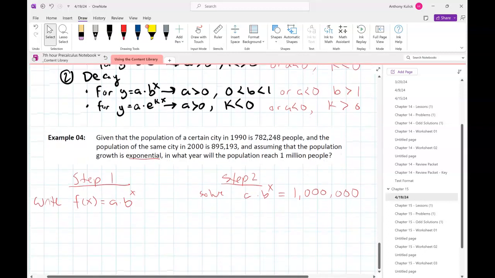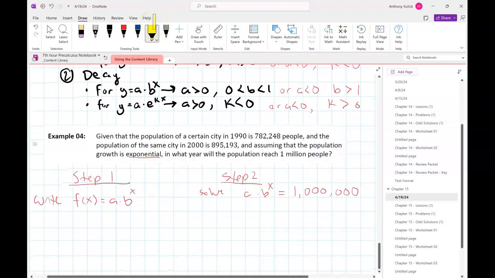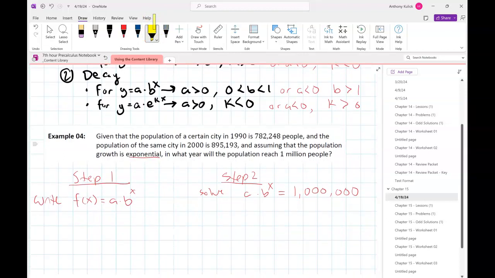So the first step, when I read this, I want to decide which quantity should be my x and which one should be my y. Remember, the x is the independent variable and the y is the dependent variable. My two quantities in the problem are the year, the date, and then the population.